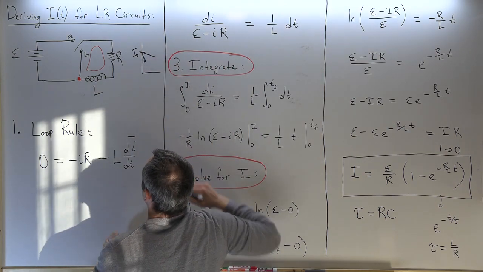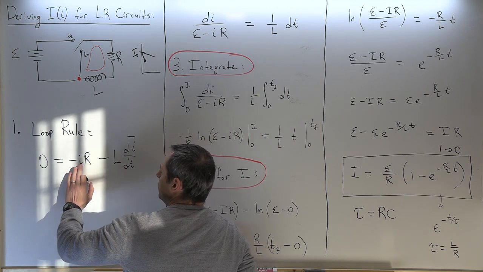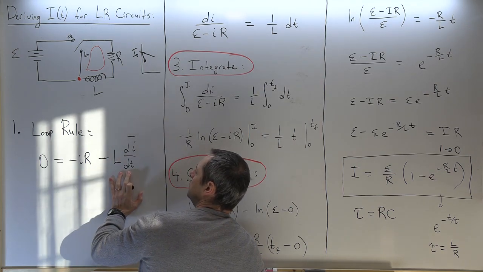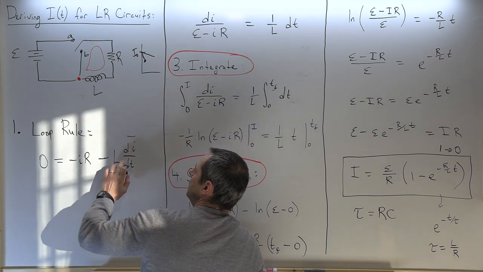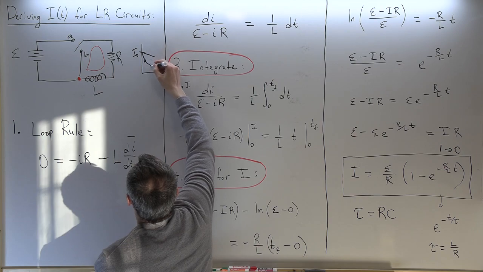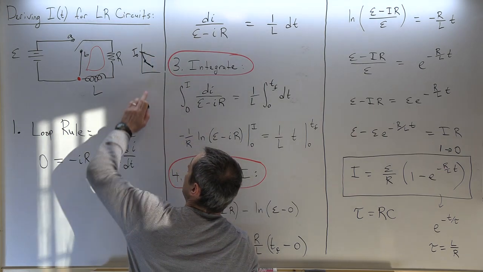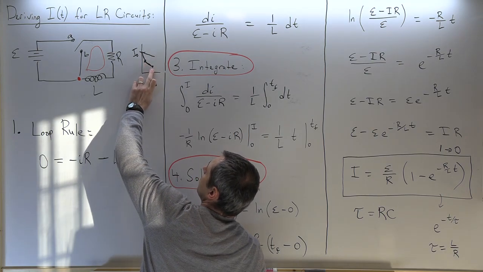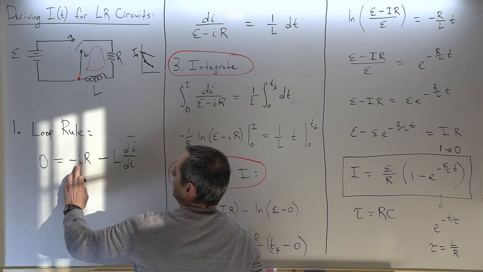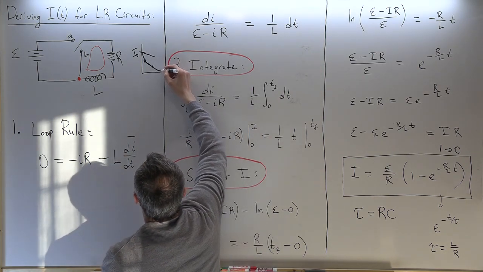So at some later time, the current is now smaller. And that means if this term is smaller, this term has to be smaller, which means an even smaller negative derivative, absolute value. So the slope is less negative, which means that at some later time, there's less current, which means if this is smaller, so is the derivative.